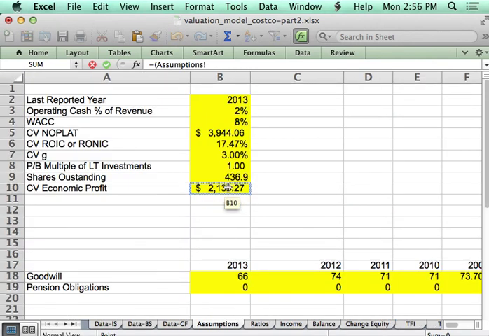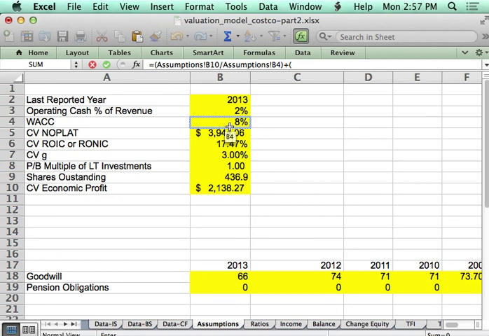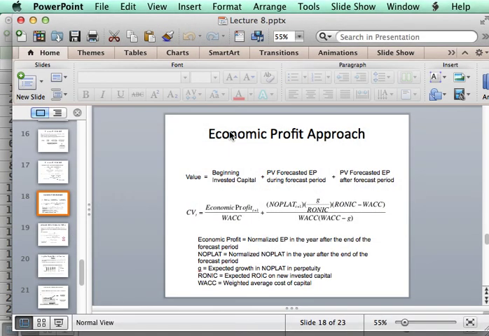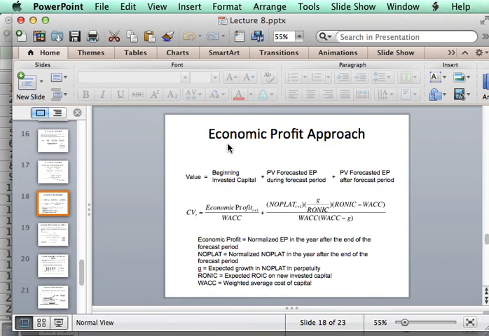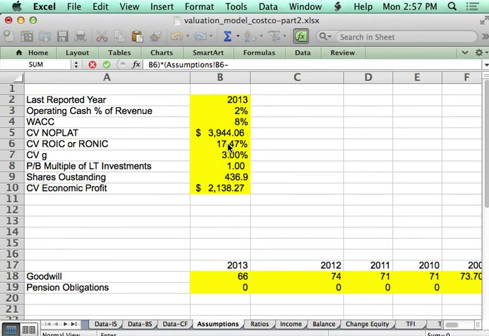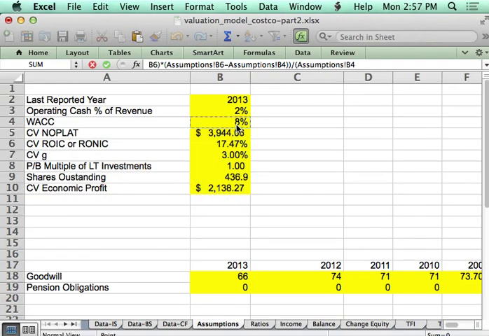Take my economic profit, CV economic profit, divided by my WACC, right paren, plus left paren, NOPLAT, CV NOPLAT, times left paren, G divided by ROIC, so CV G divided by ROIC, right paren, times left paren, ROIC minus WACC, right paren, divided by left paren, WACC times left paren, WACC minus growth, right paren.